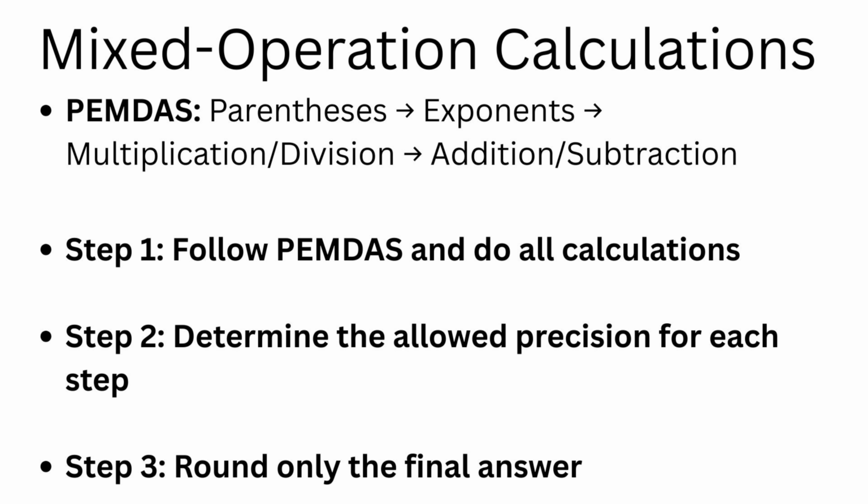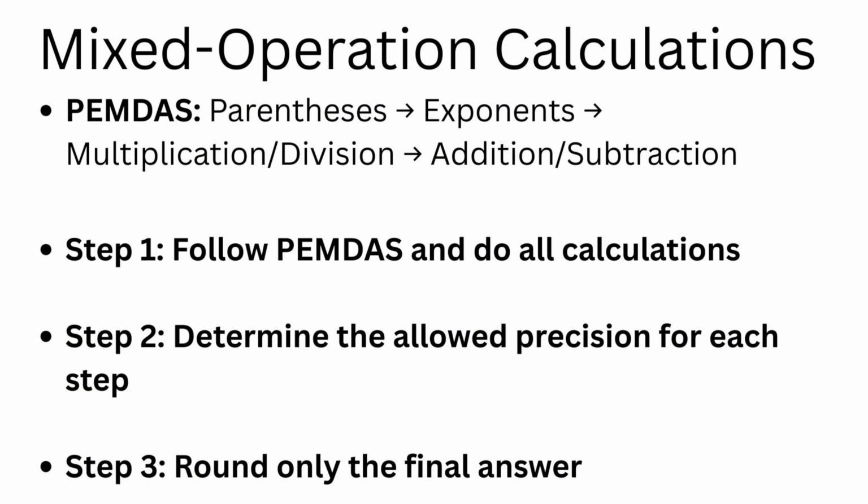Number 1, follow PEMDAS. Do parentheses operation first, then exponent, then multiplication, division, then addition, subtraction. Do not round intermediate results yet. Step number 2, determine the allowed precision for each step. Remember, addition, subtraction results are limited by the fewest decimal places, whereas multiplication, division results are limited by the fewest sigfigs.